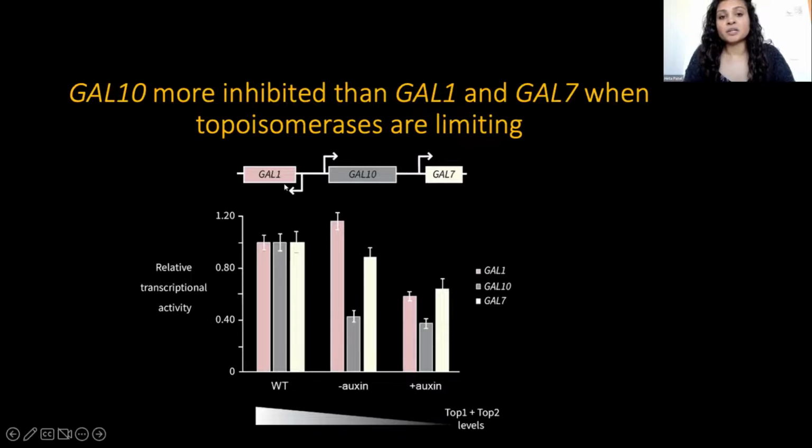And this is quite interesting because GAL1 and GAL10 share a promoter, but GAL10 is more inhibited than GAL1. And we reasoned that it's maybe because there's a highly expressed gene GAL7 downstream of GAL10, and hypothesized that supercoils from the transcription of GAL7 may be inhibiting GAL10 and therefore inhibiting the correlation of GAL1 and GAL10.